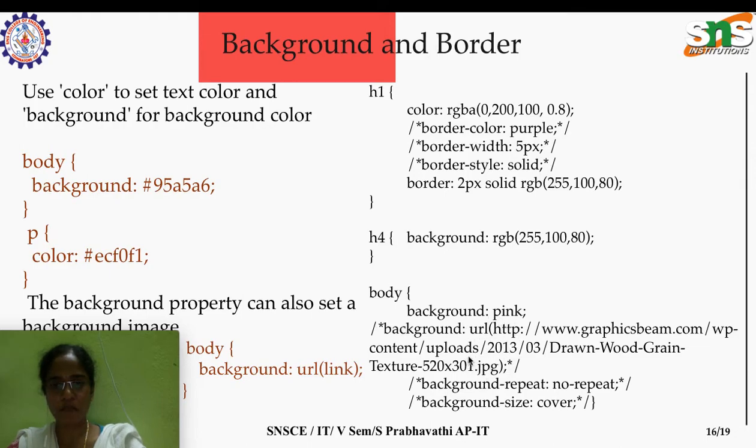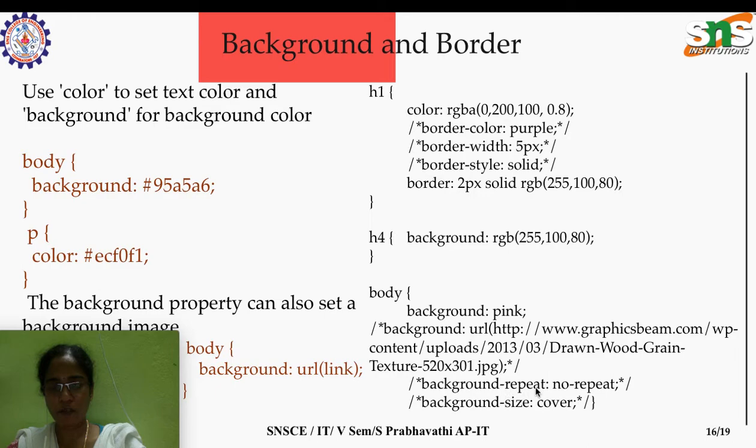Background url is some image I am giving. That image will be applied to which element? The body element. Here the background of the body is pink, which is what I have left uncommented. Otherwise, if you comment this one and uncomment that one, the body background will be changed to this image. And some more rules are also there.